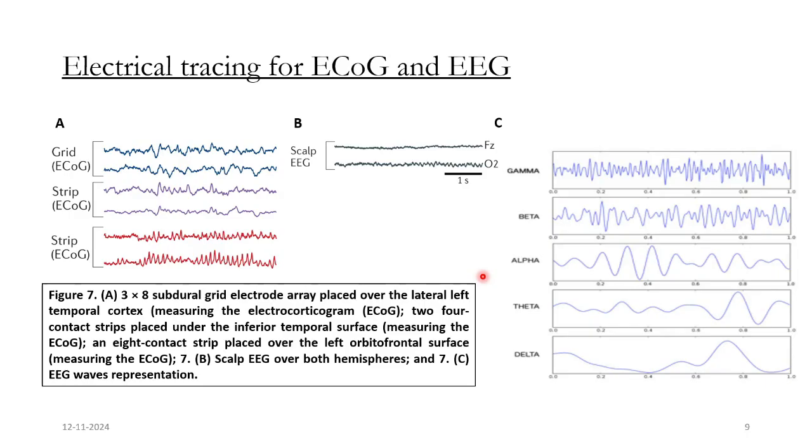For EEG, there are characteristic waves: alpha, beta, gamma, delta. And the ECoG waves cover a broader frequency range as compared to EEG waves. That gives detailed monitoring for localizing the brain activity.